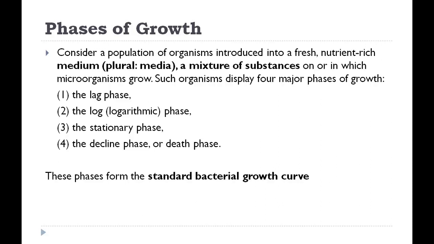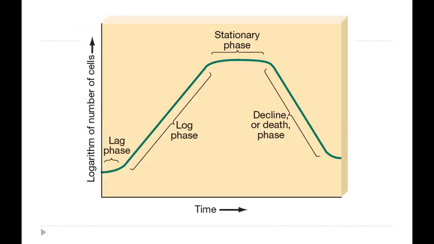All these phases together, put one after the other, form a curve, known as the standard bacterial growth curve, which can be seen in the next slide. As you can see, the growth pattern starts at the lag phase, continues in the log phase, then goes into the stationary phase, and then the last phase is the decline phase or death phase.